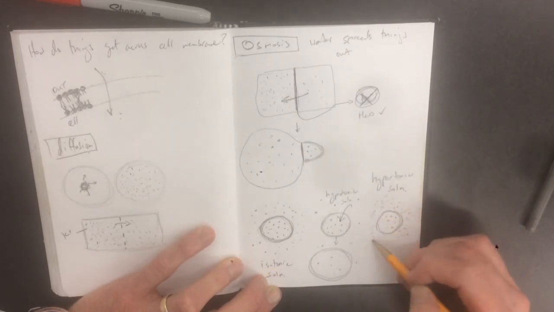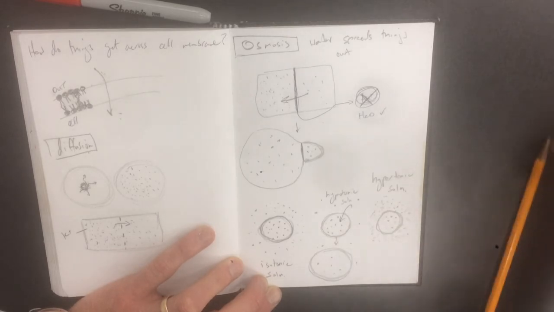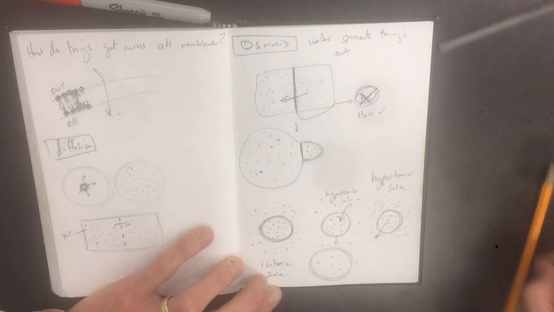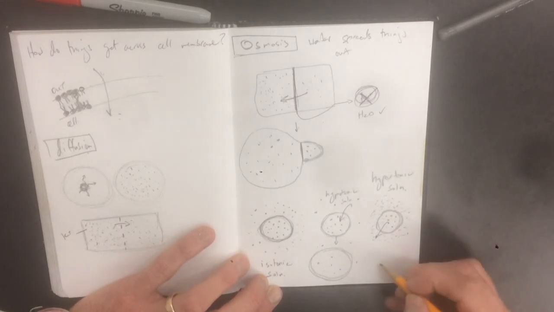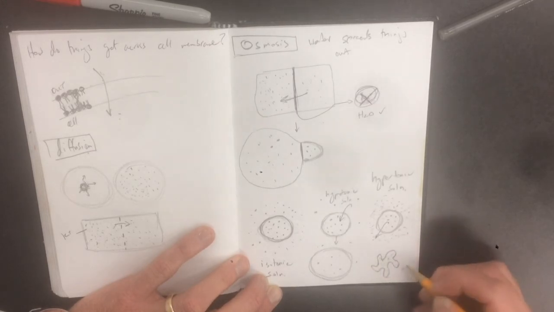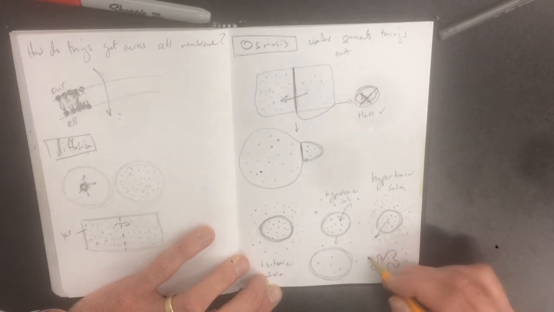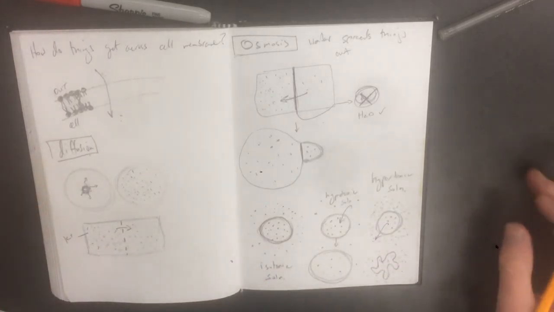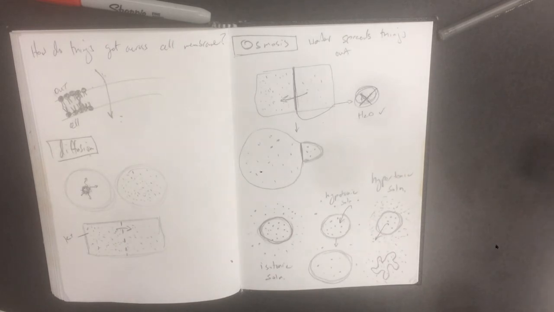So what happens is you have water moving from the inside of the cell to the outside. That causes the cell to do what? It causes it to shrivel up, get smaller, so that there's an equal concentration on either side. And that's exactly what would happen to a cell if it's placed in a solution that has a higher concentration of particles or solutes on the outside versus the inside.